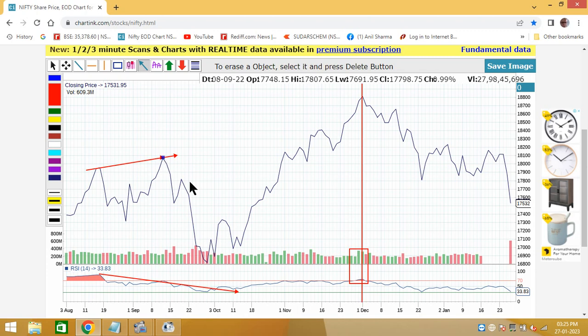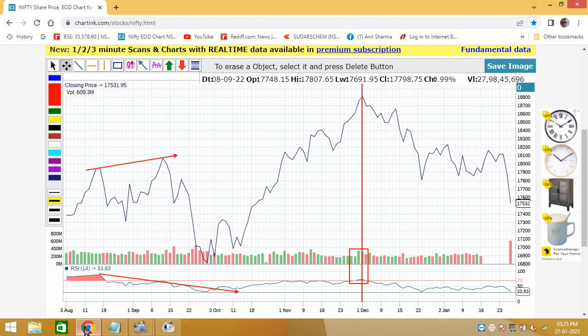Can you see how sharp is the decline of the share price here? So this is what is known as the divergence, that the price is going up, whereas RSI is showing that it will fall. If RSI shows it will fall, it will fall. If RSI shows it will go up, finally it will go.